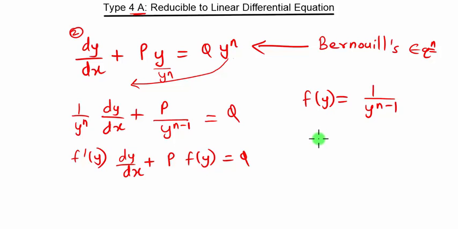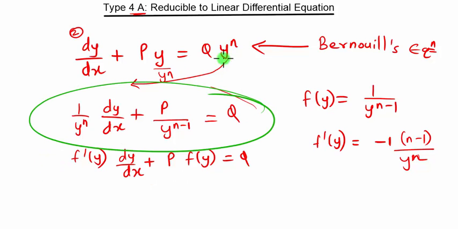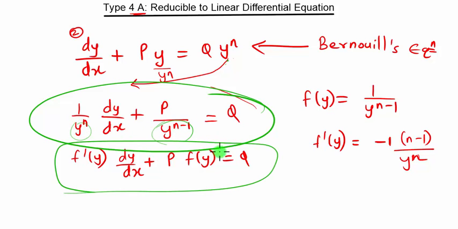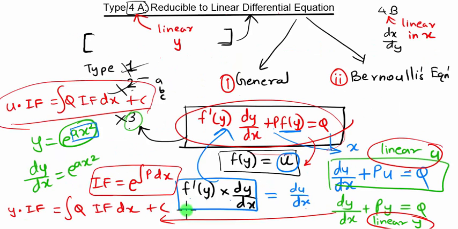If we take the derivative of this, we will get minus (n minus 1) upon y raised to n minus 1 plus 1, which is y raised to n. So this Bernoulli's equation which has y raised to n, we divide by y raised to n throughout, then this becomes of the type general differential equation, and we follow the same procedure as we follow for this type of problem.